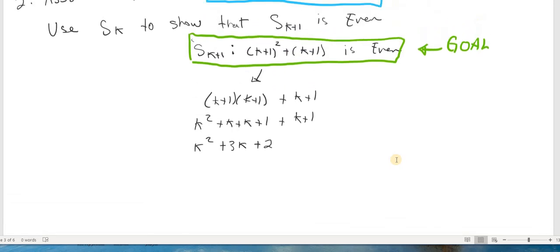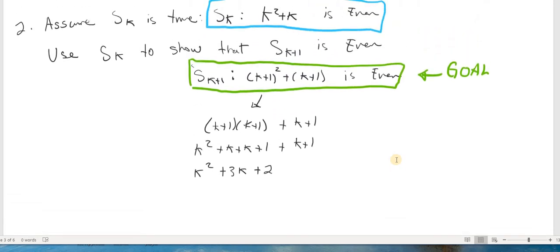Let me bring it back so we can see. Okay, so you're supposed to use this part to get this part, right? This part, you're gonna see that you have k squared plus k together. So you need to have these together when you're working this out. So this is where I got ahead of myself.